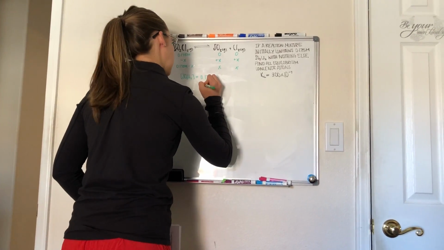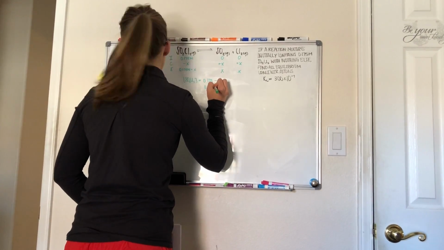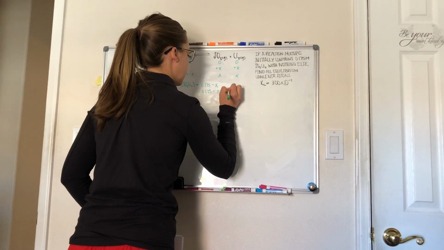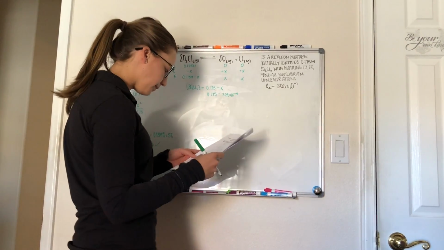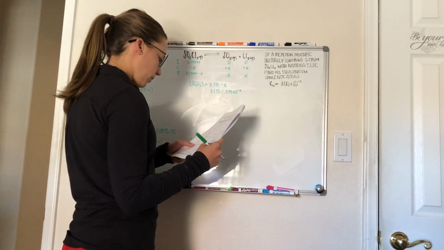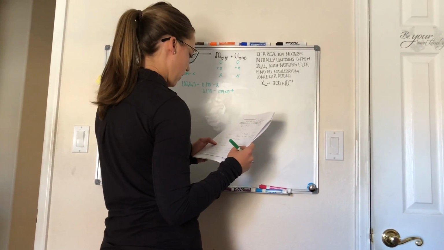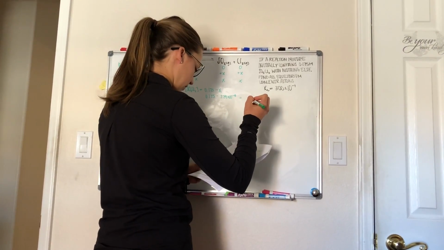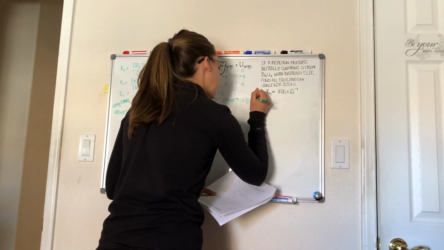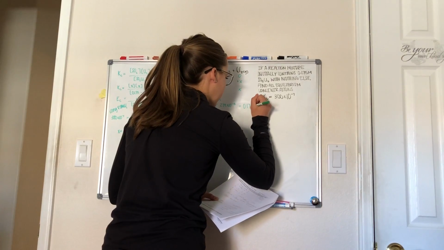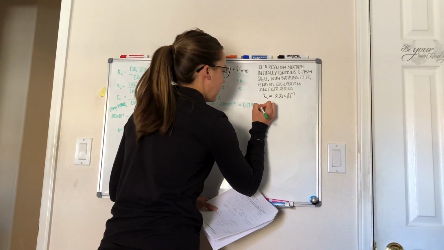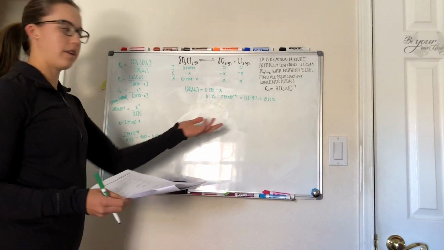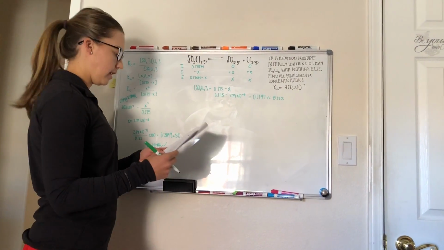And if we plug in our x, that's 0.175 minus 2.29 times 10 to the negative 4. Okay? And 2.29 times 10 to the negative 4, when it's subtracted from 0.175, is going to give us an equilibrium concentration of 0.1747, which by sig figs is equal to 0.175, which is what we started with. Another confirmation that x equals small was a good thing to do.